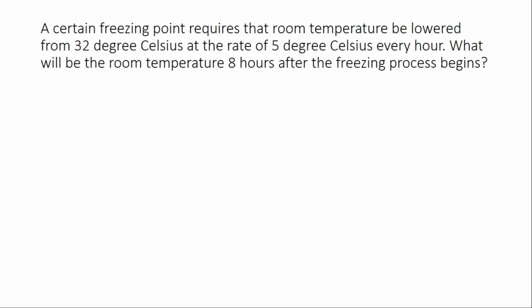A certain freezing process requires that room temperature be lowered from 32 degrees Celsius at the rate of 5 degrees Celsius every hour. So what will be the room temperature 8 hours after the freezing process begins?